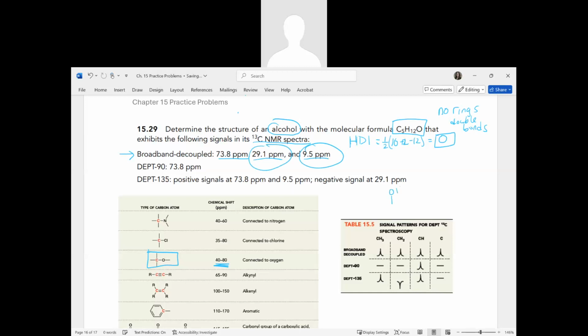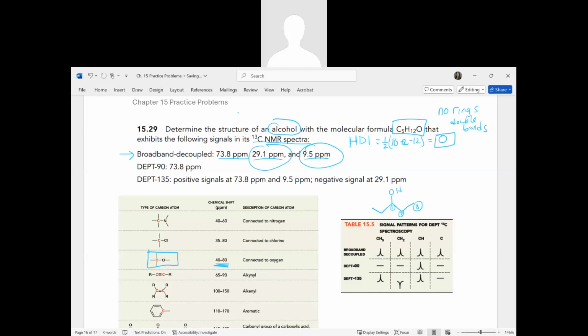So we have our OH, and then we have to incorporate those degrees of symmetry here. So we have 1, 2, 3, 4, 5 carbon atoms, and this looks like it would produce 1, 2, 3 distinct signals.